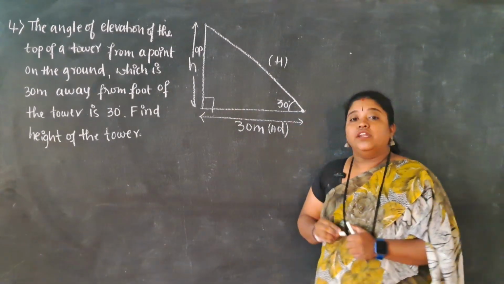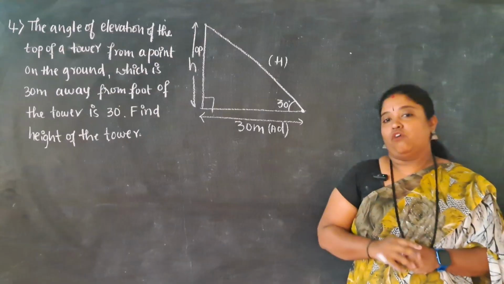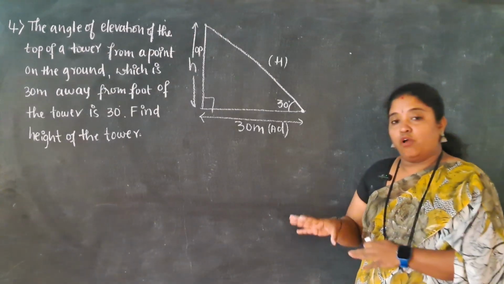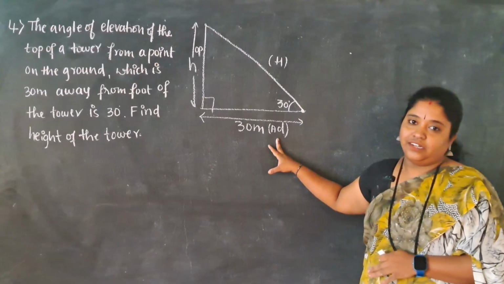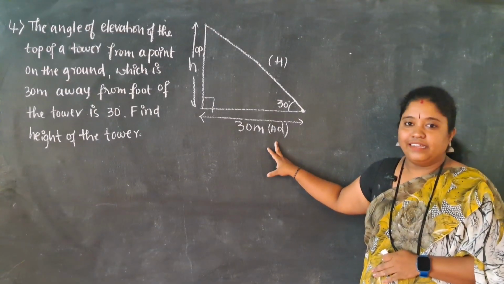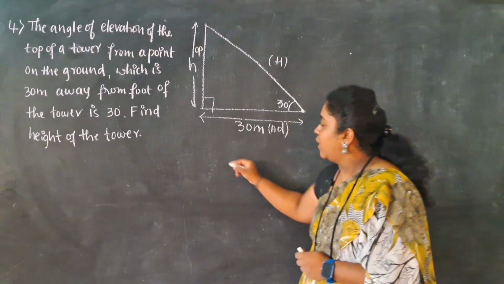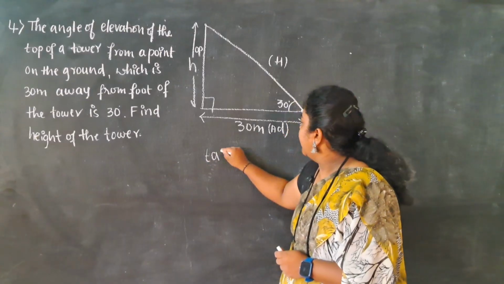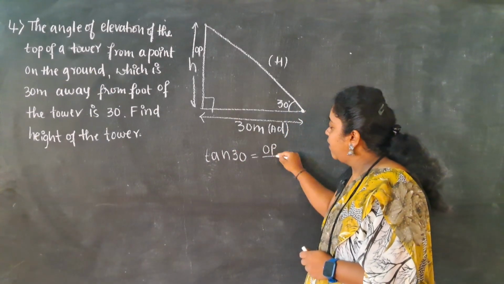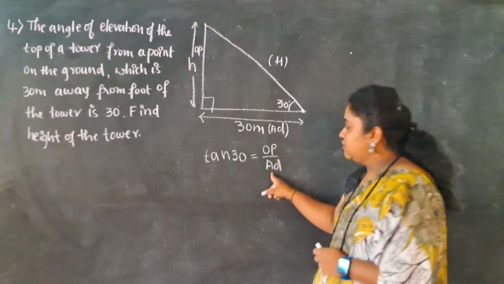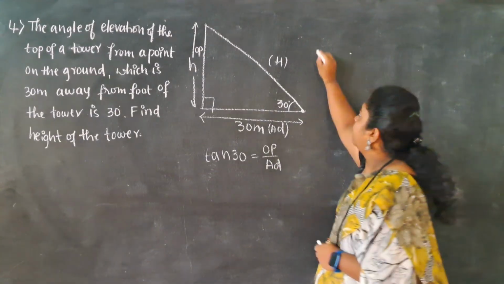Now I need to remember the formulas. Which formula gives a connection between opposite and adjacent, dear? None other than tan theta. So tan 30 is equal to opposite divided by adjacent. This is the formula we have come across.